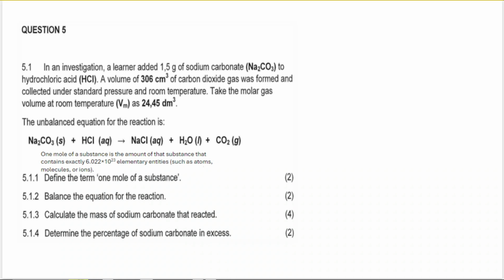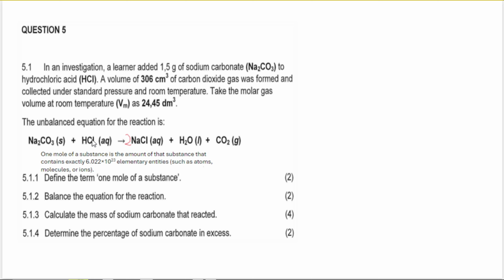Remember, with anything that involves a reaction, you can't change a subscript. You can only add a big number in front. So we add a 2 here. I'm basically drawing with the cursor, so please bear with me. I don't have a touchpad. So here we have 2 now, and 2 there, so sodiums are balanced.